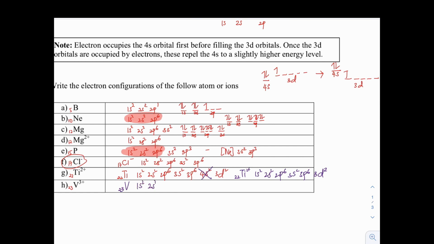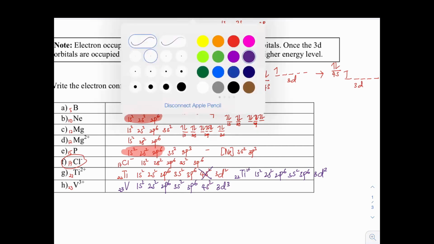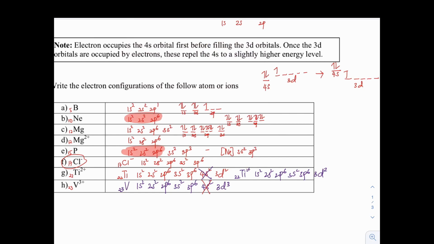So that will be 1s2, 2s2, 2p6, 3s2, 3p6, 4s2, and 3d3. Now we will need to remove a total of 3 electrons. The first 2 electrons are going to be removed from the 4s orbital. So we remove 2 electrons from here, and then we take 1 electron from here, so left with 2.